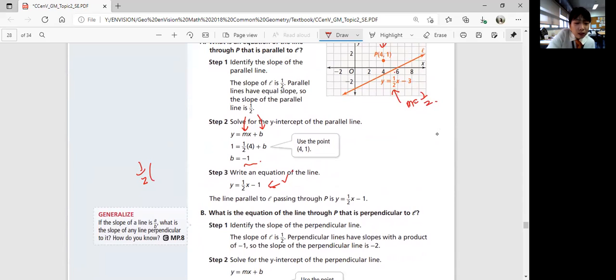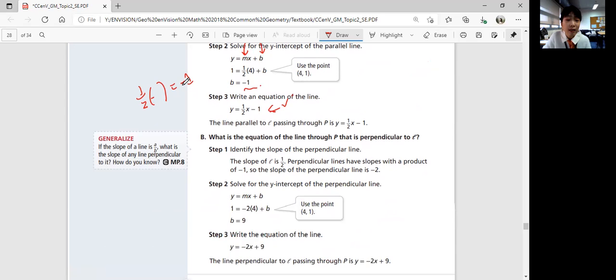So first of all, you have a slope that's 1/2. 1/2 times something has to be -1, right? Because 1/2 is positive, you need to have a negative number to make it a -1. How do you make 1/2 become 1 by multiplying a number? The reciprocal.